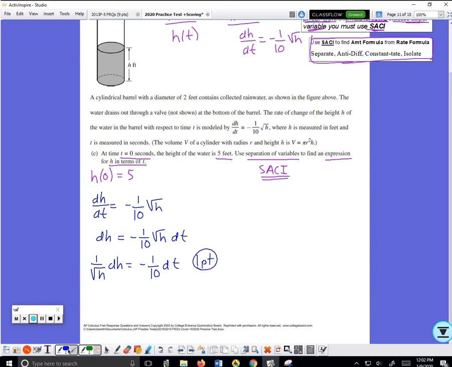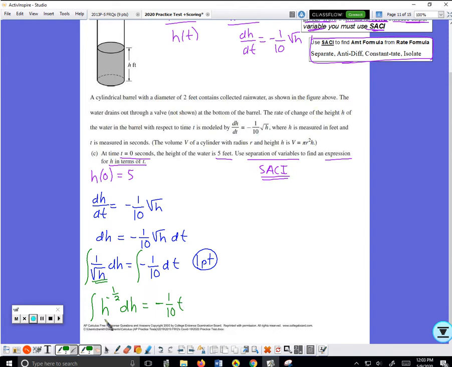Now we're going to take the antiderivative of both sides. This root h is a problem, so that's 1 over h to the 1/2, which means that's the antiderivative of h to the negative 1/2 when I move that to the numerator. The antiderivative of negative 1/10 is just going to be negative 1/10 t, just like the antiderivative of 10 would be 10t.